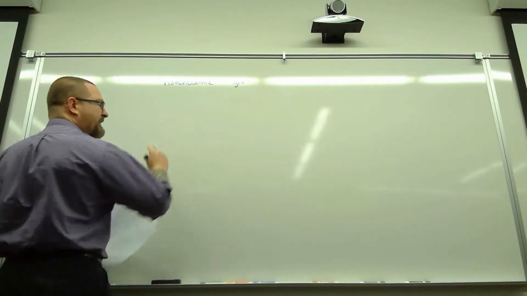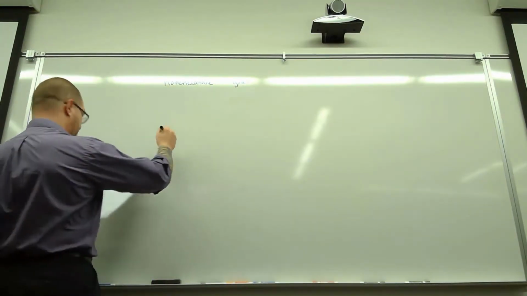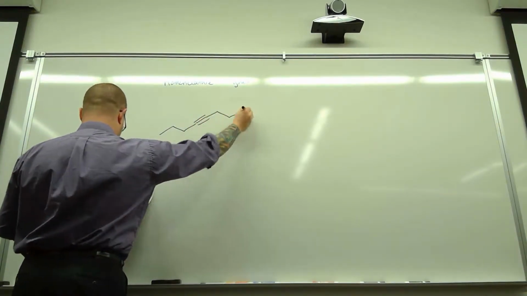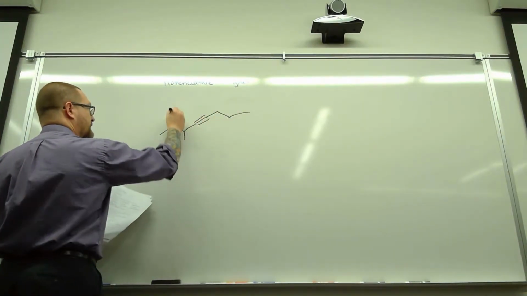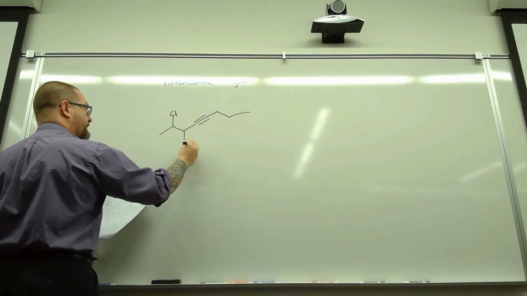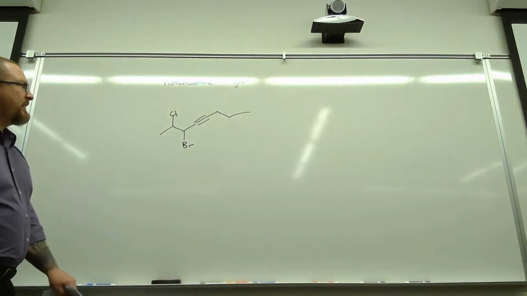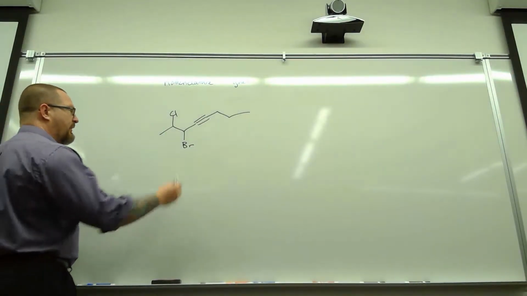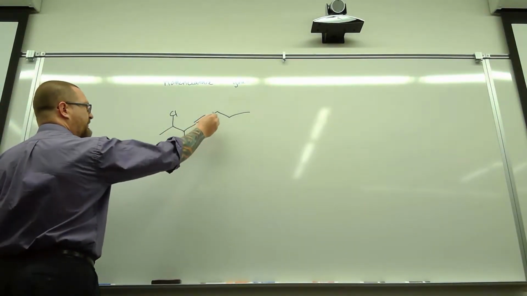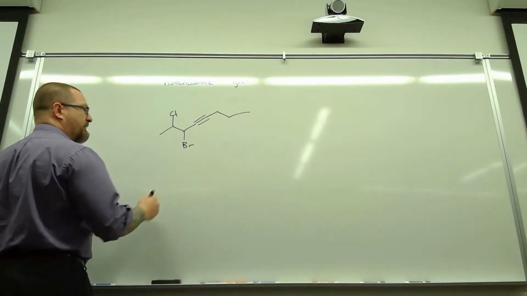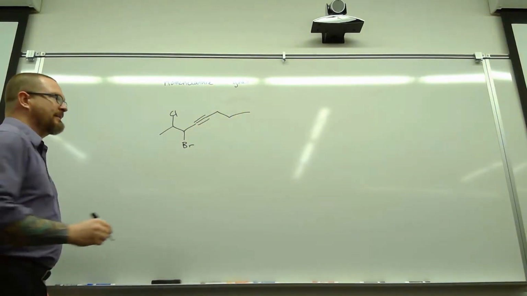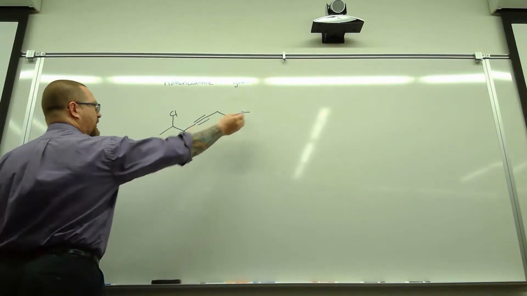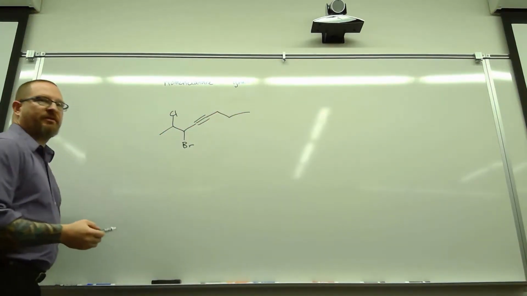Then I had to say all that because I'm going to do this. So let's name this thing. Longest continuous chain containing the alkyne: 1, 2, 3, 4, 5, 6, 7, 8. So we've got an octyne as our base. We count 1, 2, 3, 4 from each side, so it's equidistant from both sides.